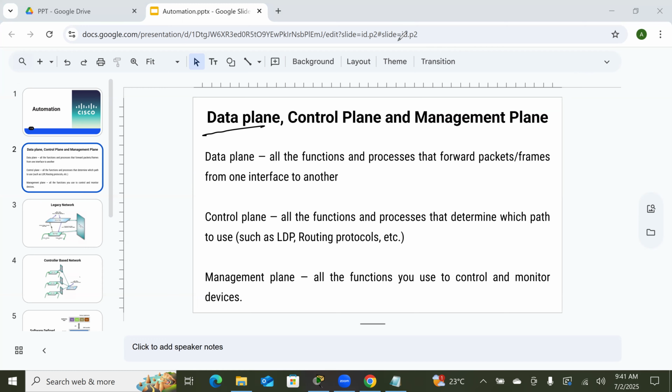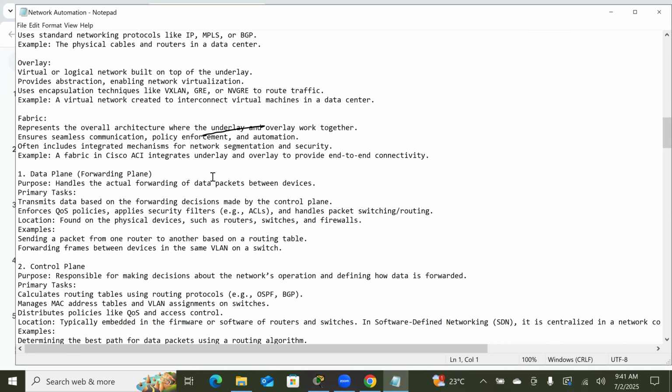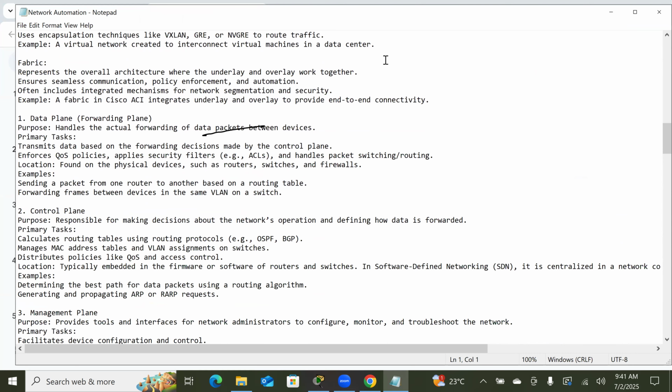What exactly is this? I'll show you here, data plane. It handles the actual forwarding of the data packets between the devices. Whatever actual data is sent between the devices is done with the help of the data plane.